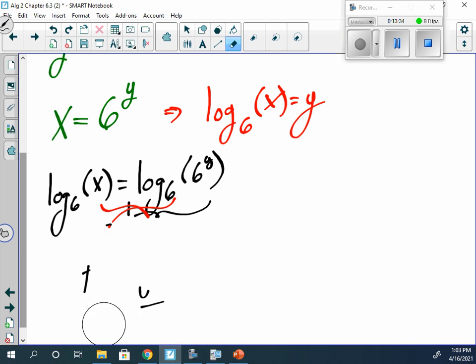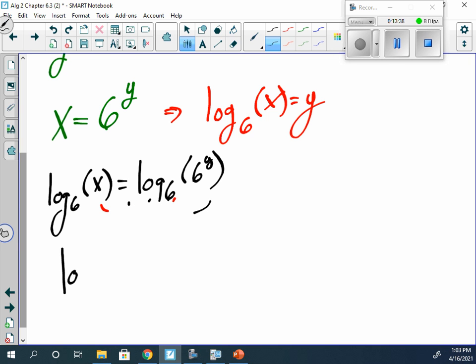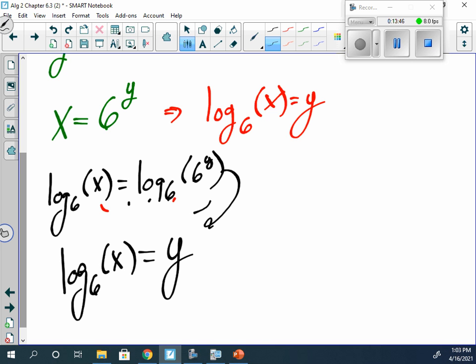Because if we kept it the same, it would be log base 6 of x equals y, because log base 6 of 6 to the y became y. Any questions on this here? Any questions on anything we've done so far? Okay.